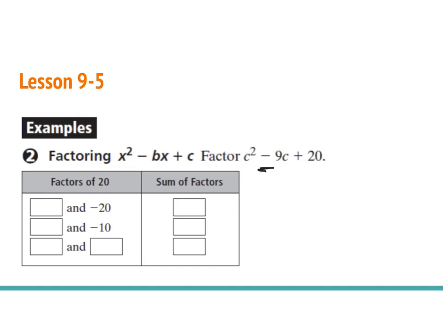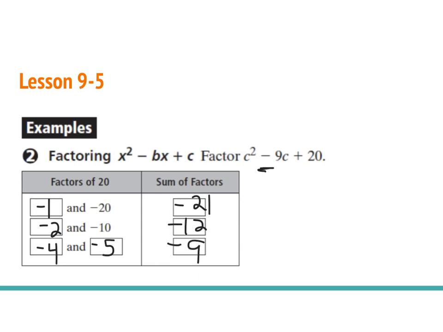So you want to start thinking about factors of 20. We've got negative 1 and negative 20, negative 2 and negative 10, and then negative 4 and negative 5. So now if you were to add those up, think about what you would get for your middle term. You'd get negative 21 or negative 12 or negative 9.